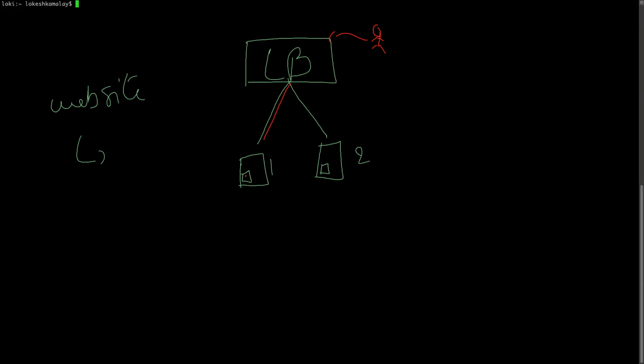So when he logs in again, the request has gone to this VM. Can he see his information here? No, because the data when he purchased is stored in VM1, but now his session has gone to VM2, so there is inconsistency.